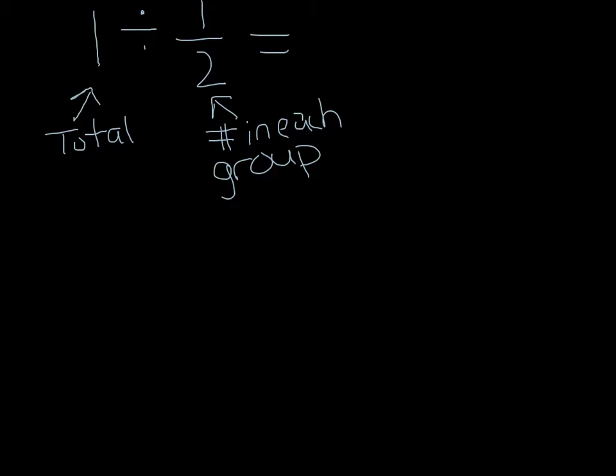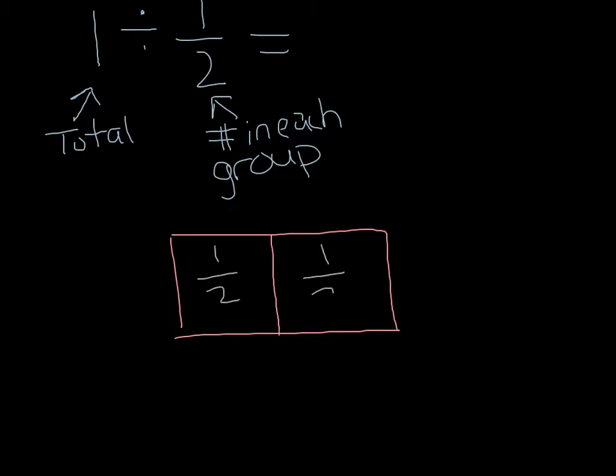So to solve this problem using a model, I'm going to start by drawing out my total. Just like before, I started with 10 because that's the number I was starting with or dividing. Here I'm going to start with one whole. So I drew one rectangle. Now it says that I'm counting how many 1/2 are inside this 1. So what I'm going to do now is separate this 1 into half.